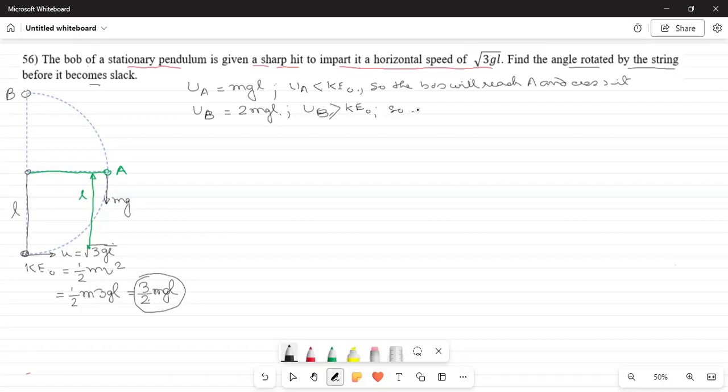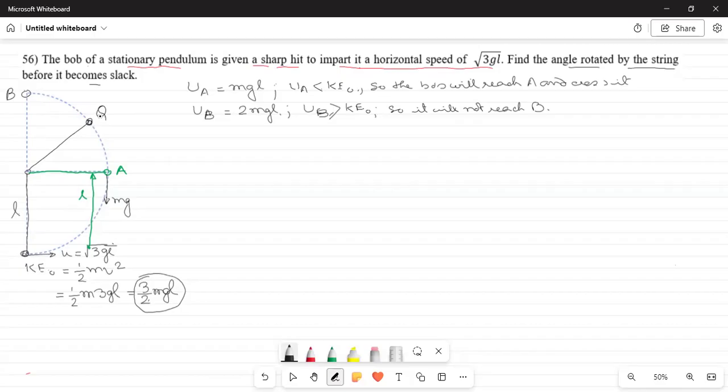So it will not reach B. That means it will reach somewhere up to here, at the point, say, Q, where it will spend all its initial kinetic energy. And that is the point where the string will become slack.